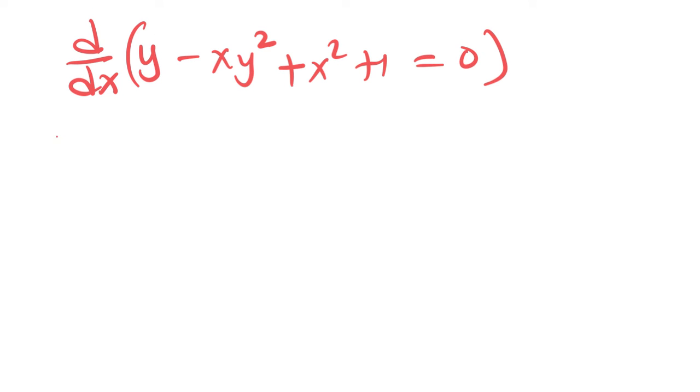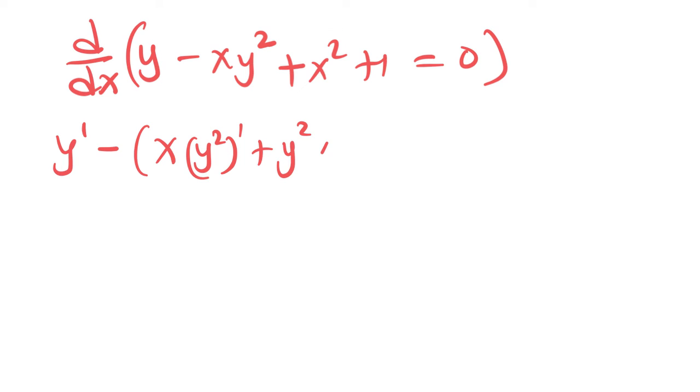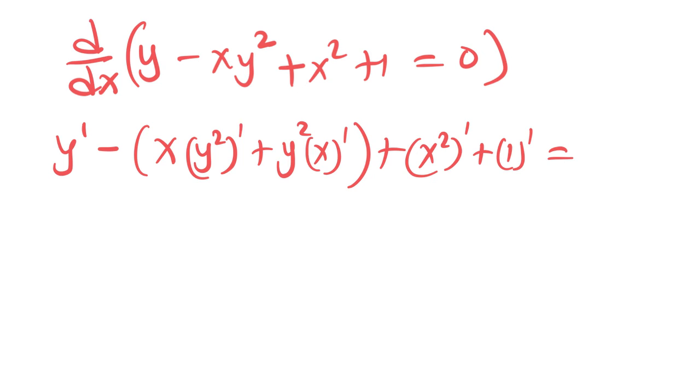So we take the derivative of y, minus, we keep x constant and take the derivative of y squared, plus keep y squared constant, take the derivative of x, then plus take the derivative of x squared, then plus take the derivative of 1. This is equal to the derivative of 0, which is equal to 0.